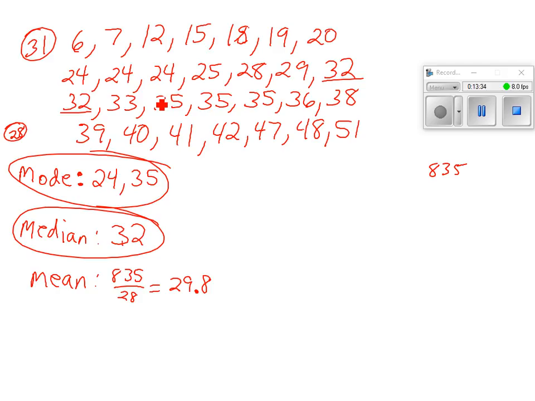It said to explain if any of these numbers don't really represent the center of the list. Of all those means, medians, and modes, what's the only one that maybe doesn't represent the center of the list? One of the modes. Which mode?